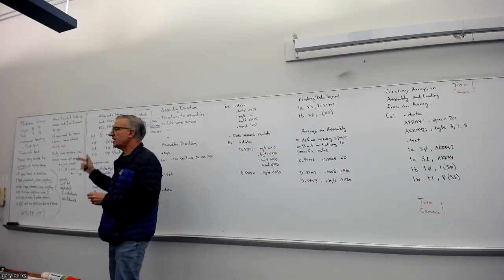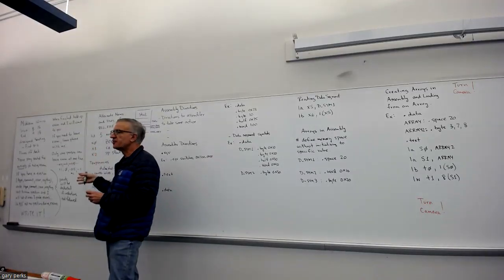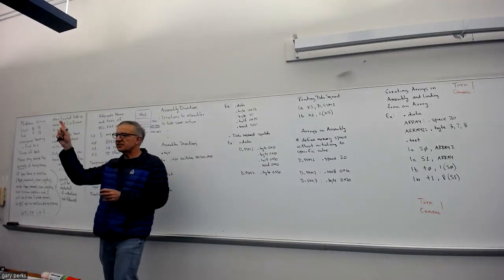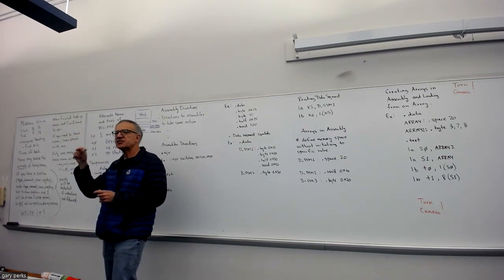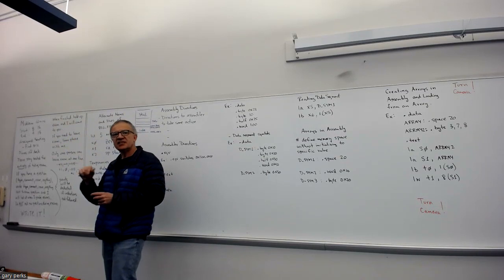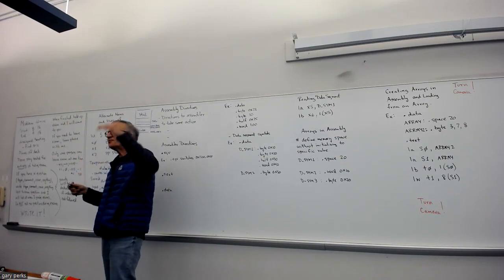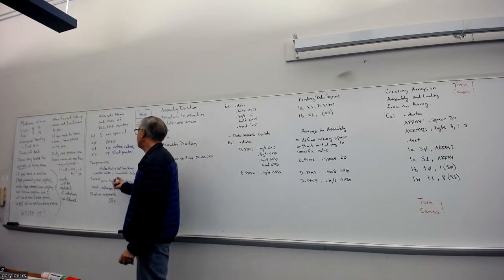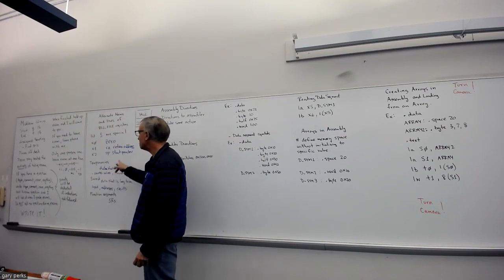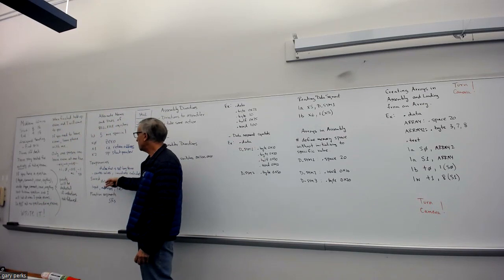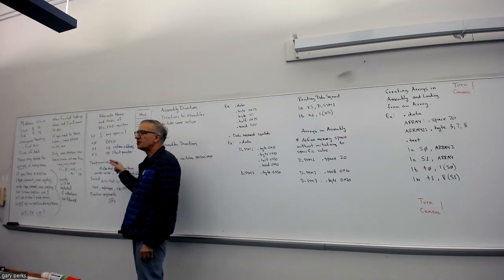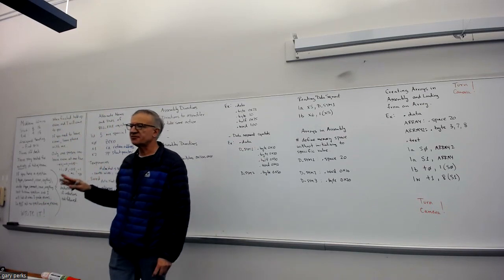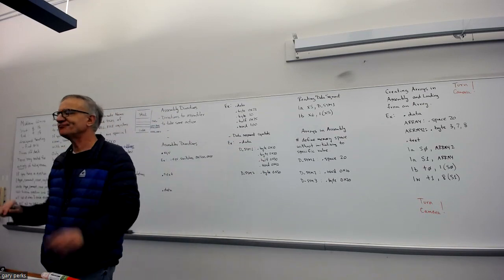So, like I said, for software number 5, instead of using X5, X6, you're going to start using T and S. Now, if you mix up a temporary and a saved register in software number 5, you're not going to be marked down.